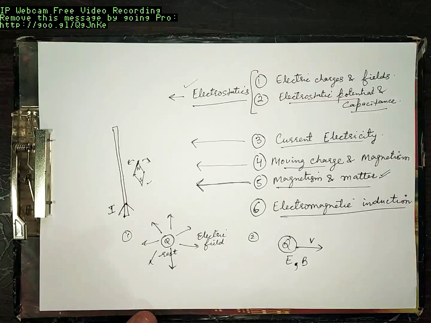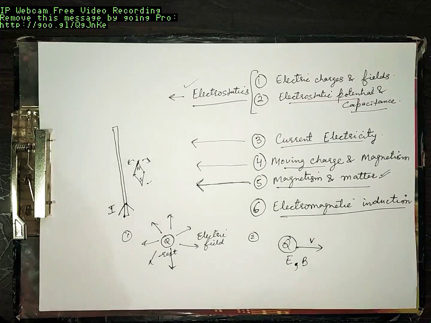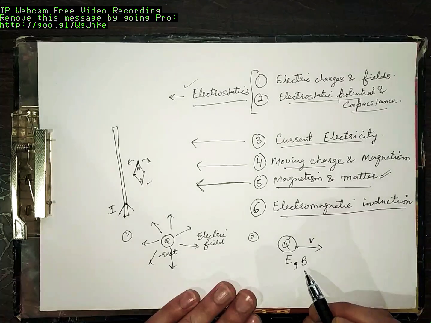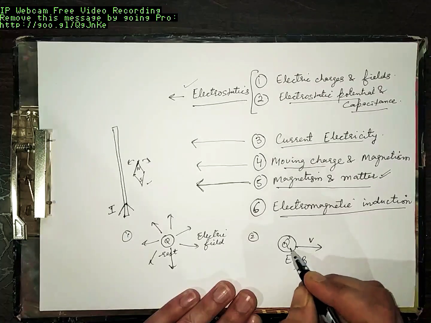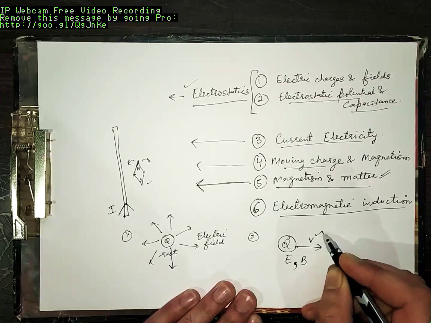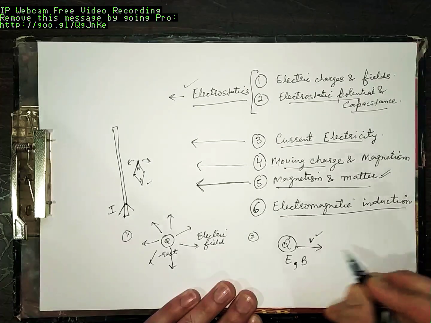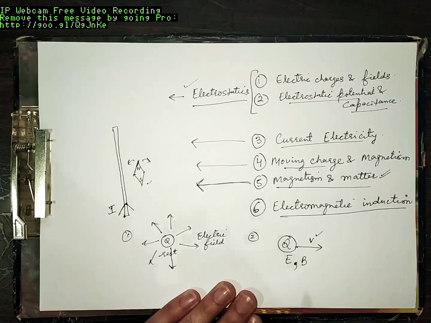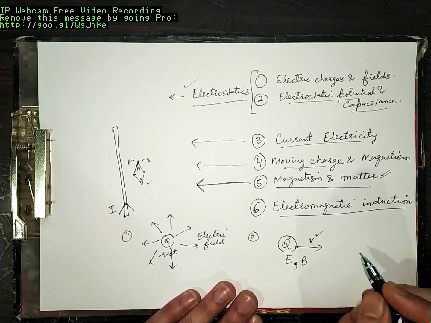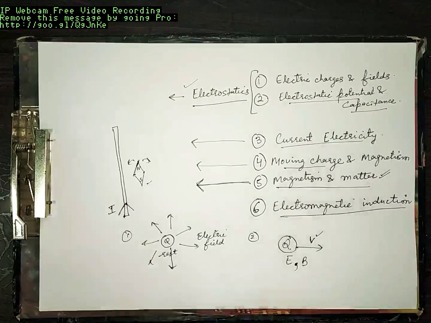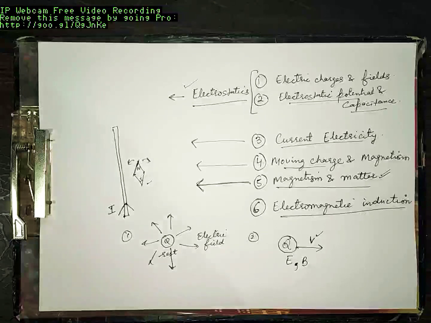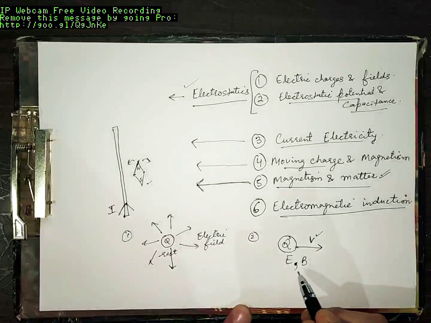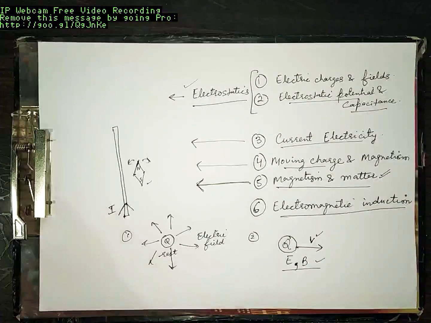I hope you remember this. You can refer to your previous class lecture notes. This magnetic field B produced by this charge Q moving with velocity V was equal to, okay, leave that for time being. So this moving charge produces a magnetic field.